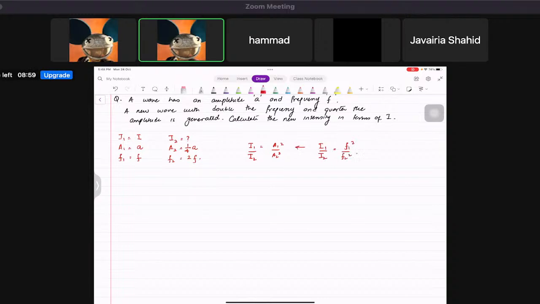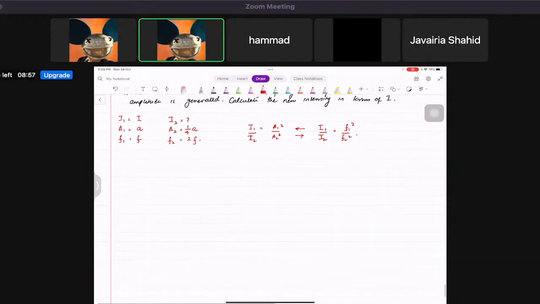If you want to combine these, remember you can always write it as, because intensity is directly proportional to A1 square and also F1 square, we can just write it together like that. Now we can actually solve this because they are both related to intensity, so we can multiply them, and that would affect the intensity anyway.